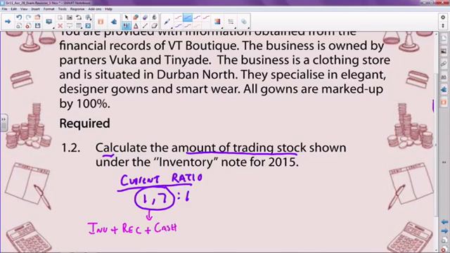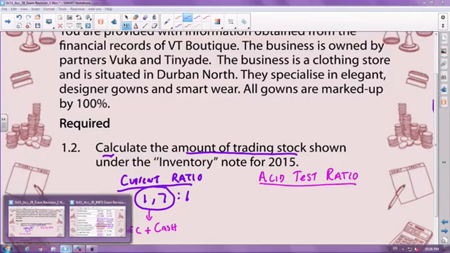Now, if we look at your asset test ratio, the difference between your asset test ratio and your current ratio is, here we are comparing current assets without inventory to your liabilities. So let's pull this information out and then I'm going to explain further. So if we go to our information sheet, 2015.